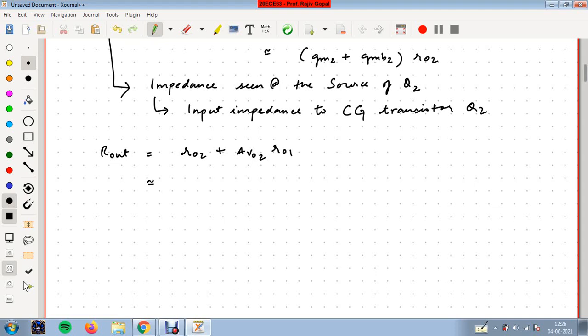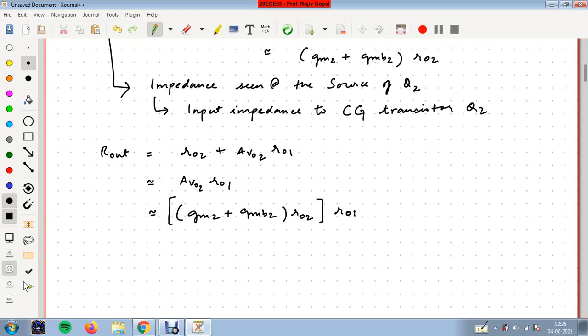So this is approximately equal to Av02 times R01. Av02 I can write as gm2 plus gmb2 times R02, times R01.